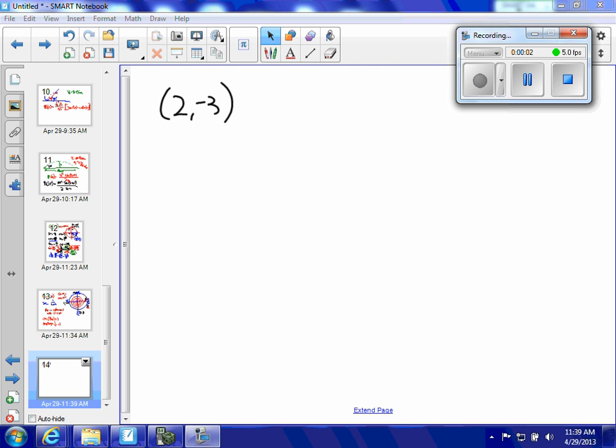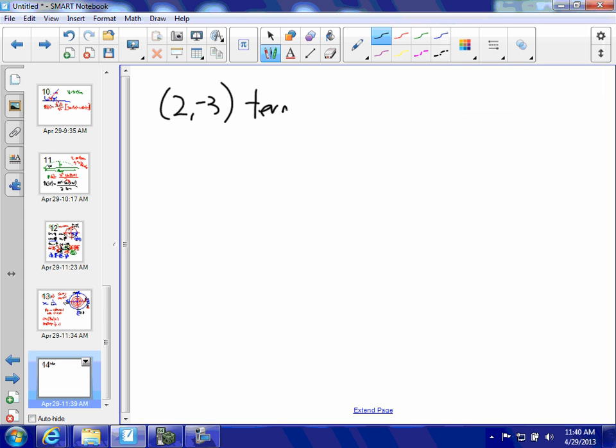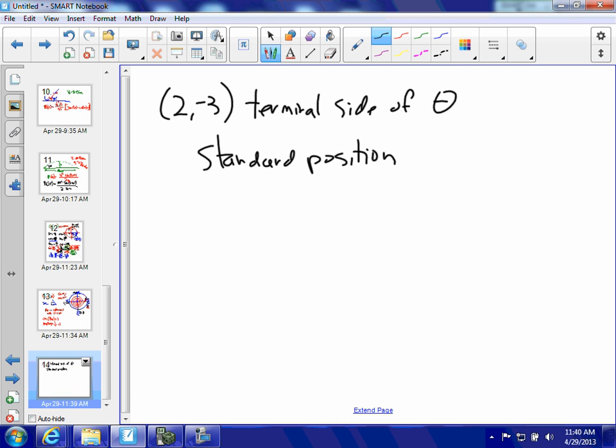In this problem, I'm given the point (2, -3), and I'm told this is on the terminal side of angle theta. And then I'm also told that theta is in standard position, which is very important to know.